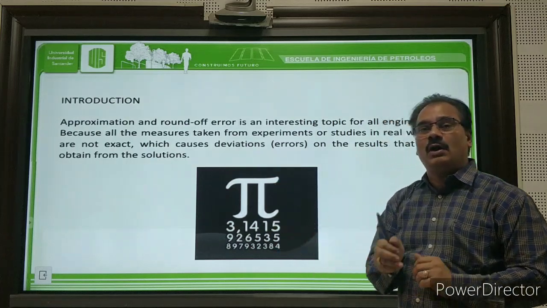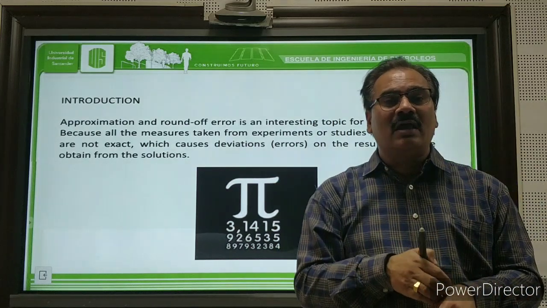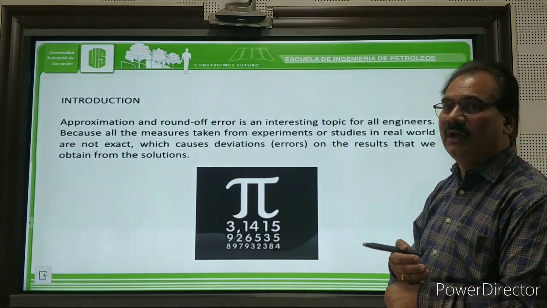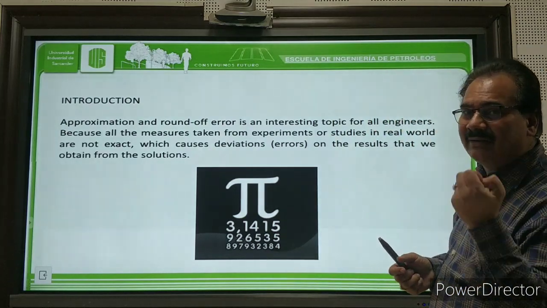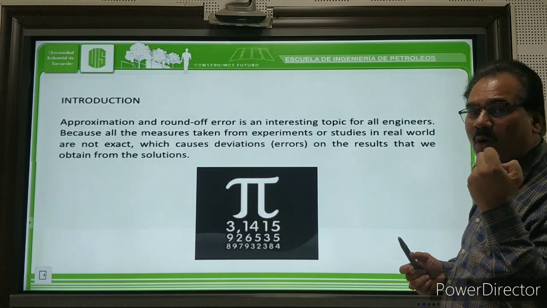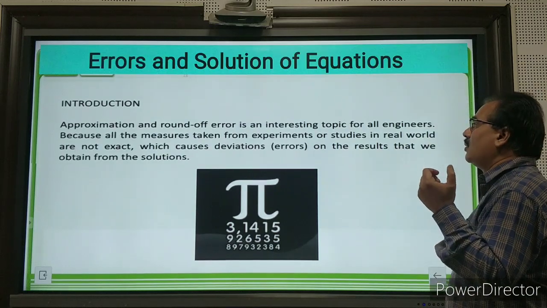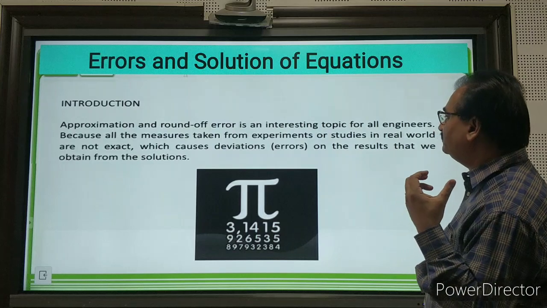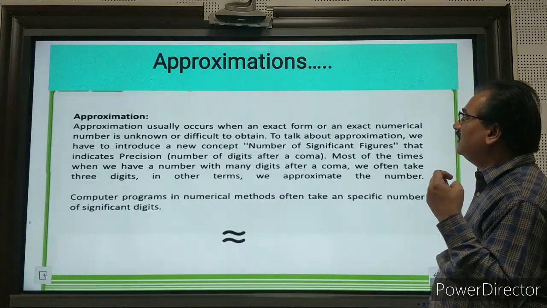So wherever this is involved, there is a huge chance of errors. We should know all the techniques to handle these approximations properly, and we will discuss this in detail.